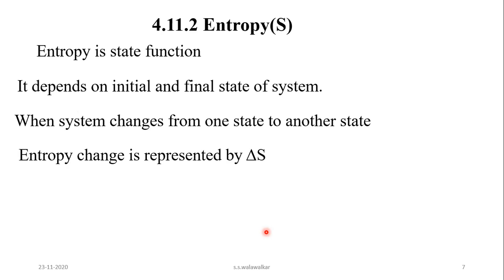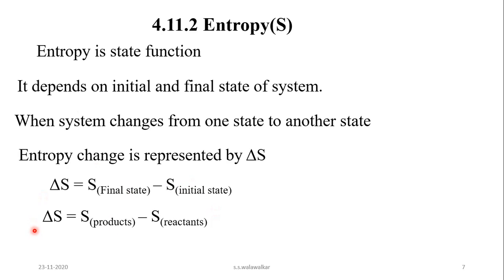Entropy change is generally represented by delta S, and delta S is equal to entropy of final state minus entropy of initial state, or delta S is equal to total entropy of products minus total entropy of reactants. That will give you the change in entropy. So like this you can calculate the change in entropy.